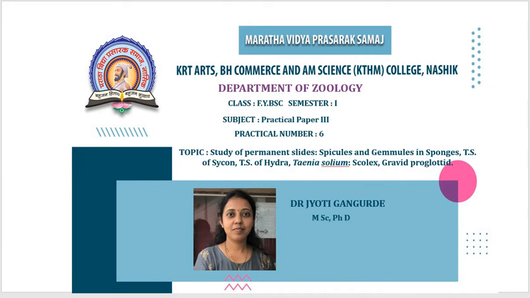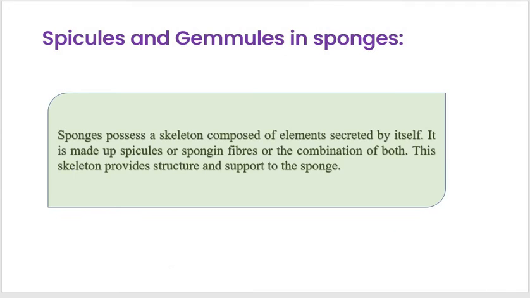Now here you can see in this slide, first an introduction about spicules and gemmules. Spicules and gemmules in sponges play an important role, acting as a skeletal framework. Sponges possess a skeleton composed of elements secreted by the sponge itself, made up of spicules or spongin fibers or a combination of both.